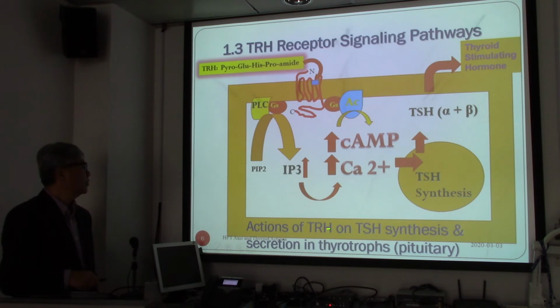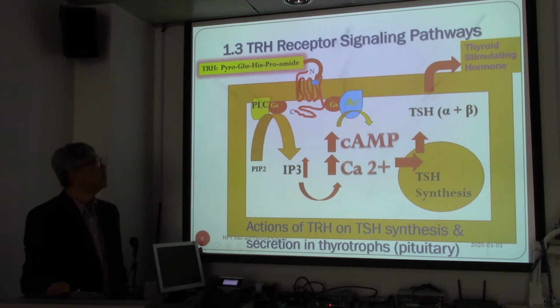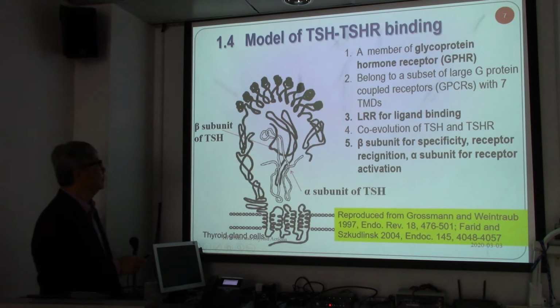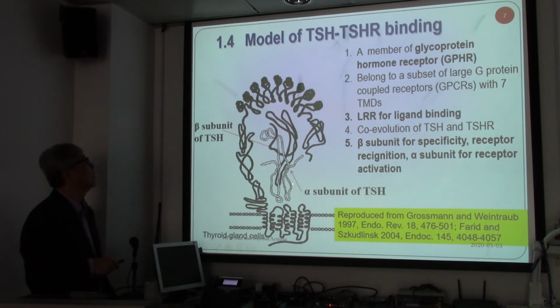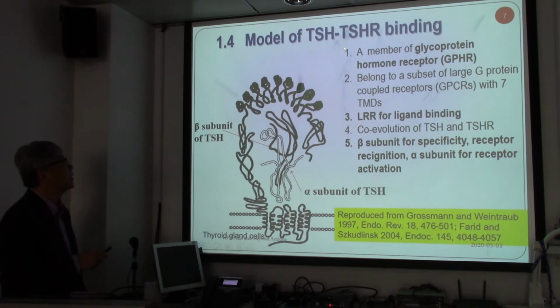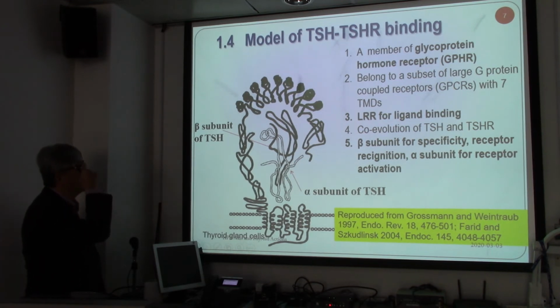The action of TRH on TSH synthesis and secretion in the pituitary gland is in this graph. So this TSH would come out because it has the alpha subunit. This is the ribbon of the white color, and then the dark color is the beta subunit. It would bind to its receptor, TSHR, thyroid stimulating hormone receptor.